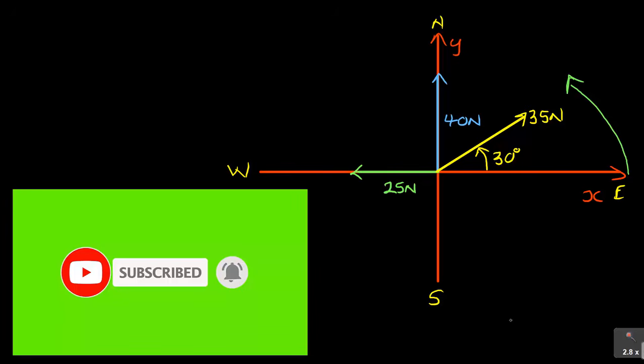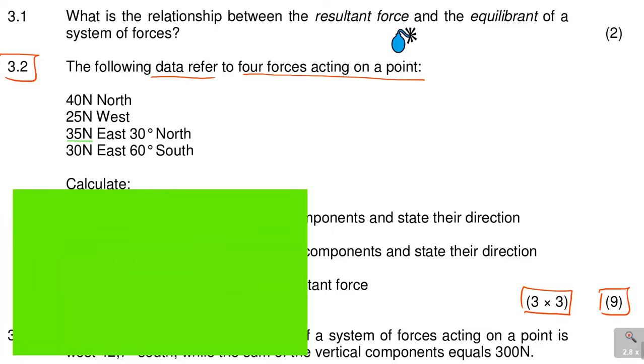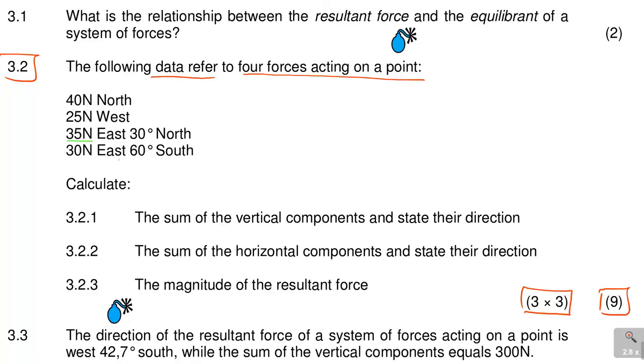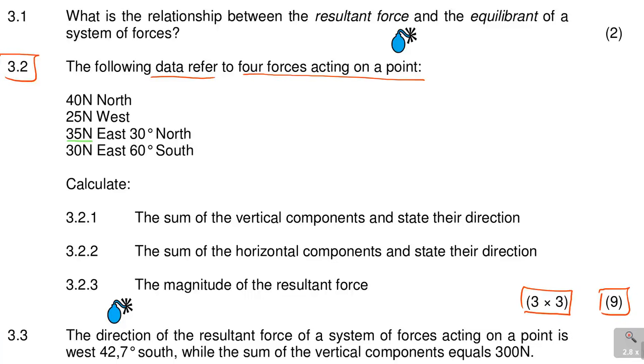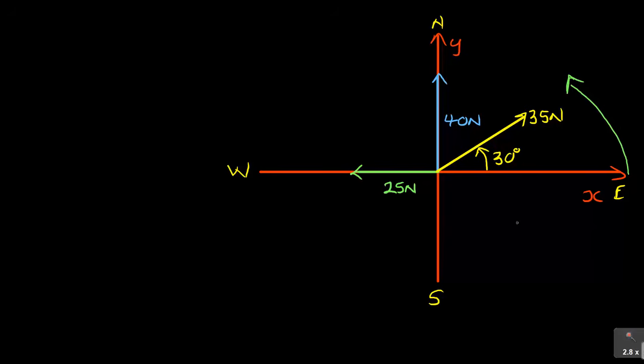And then the last one that you are having is 30 newtons east, 60 degrees south. So it's 30 newtons. Now you start from east, going towards south.